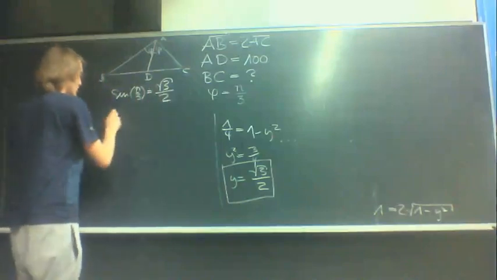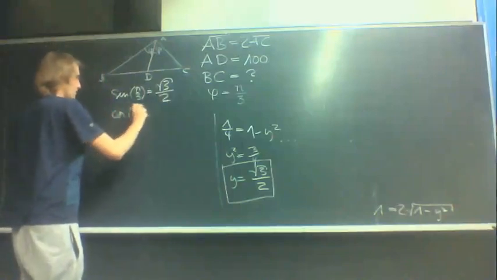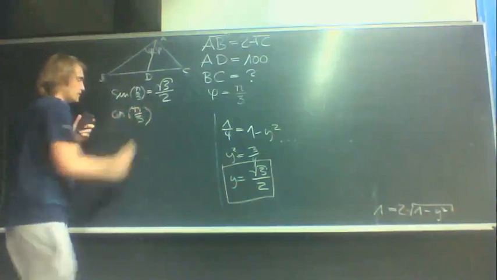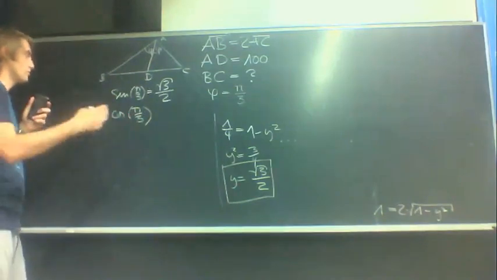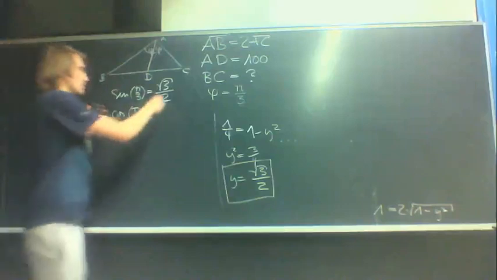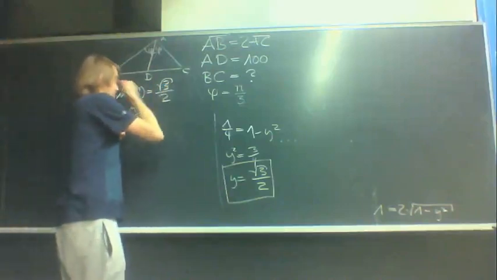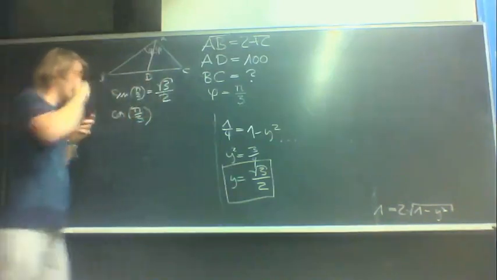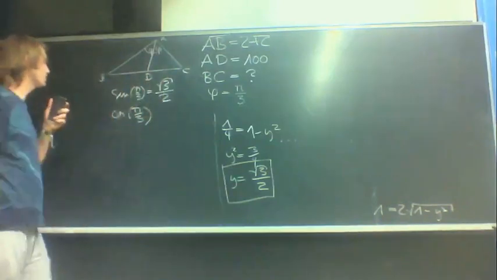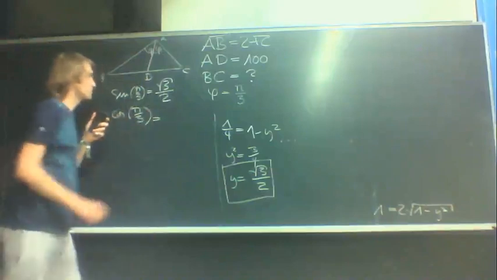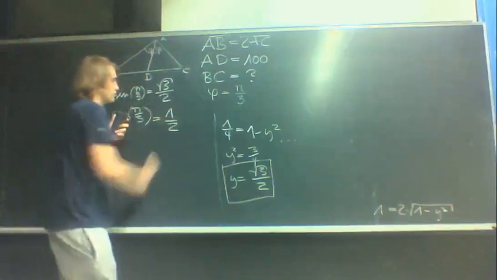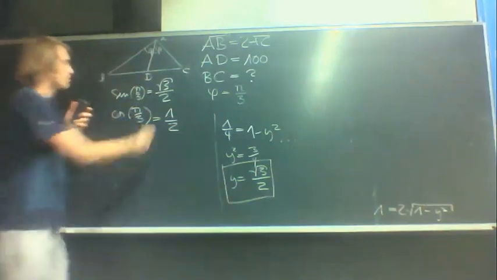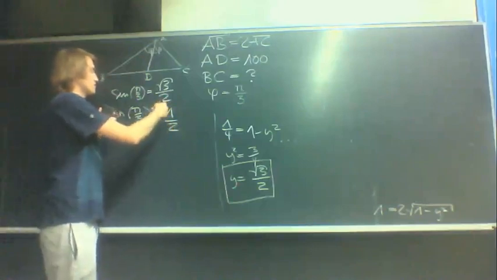And since cosine of pi over 3 is just the square root of 1 minus sine squared of pi over 3, we know that this will be 1 over 2.